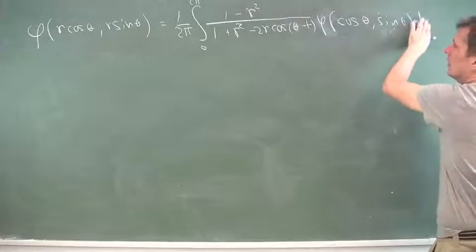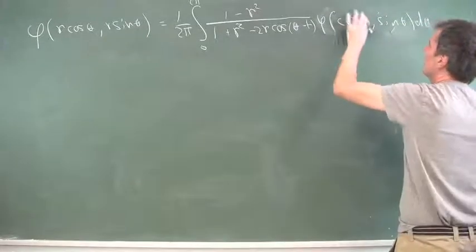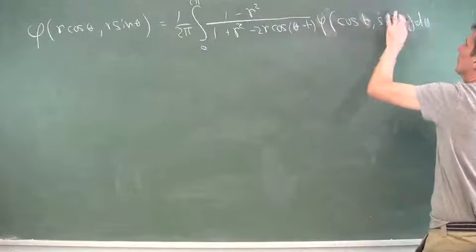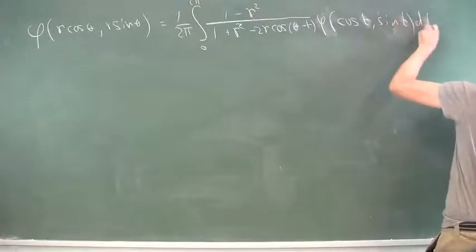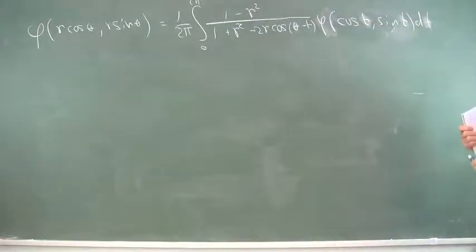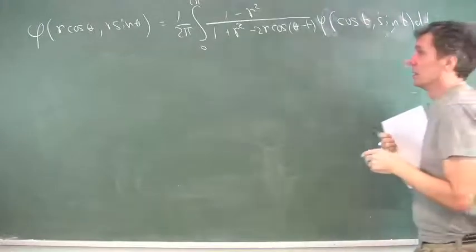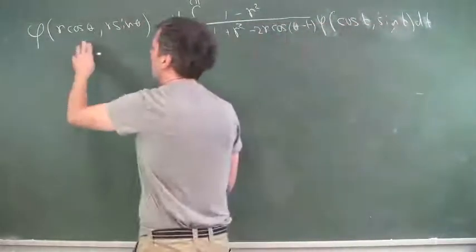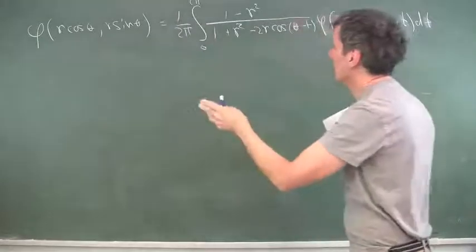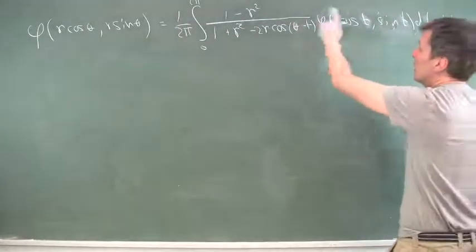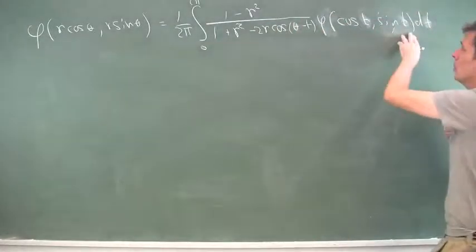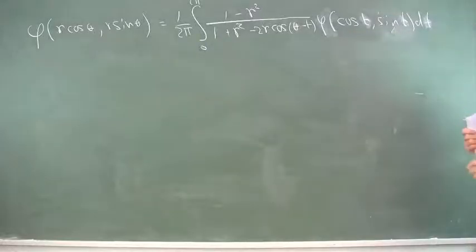There should be a t here. Like that. This gives the value of the harmonic function at any interior point in terms of this integral, which uses only the values of phi at the boundary.